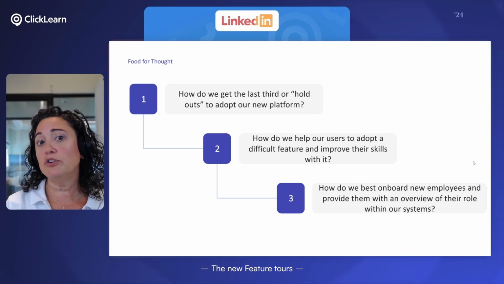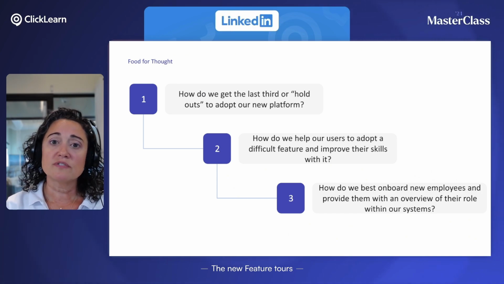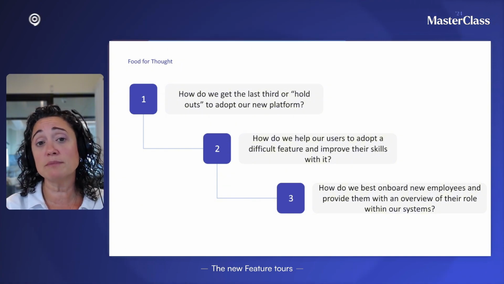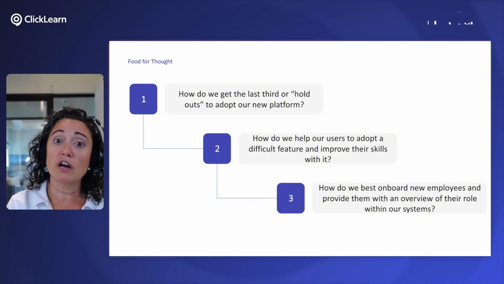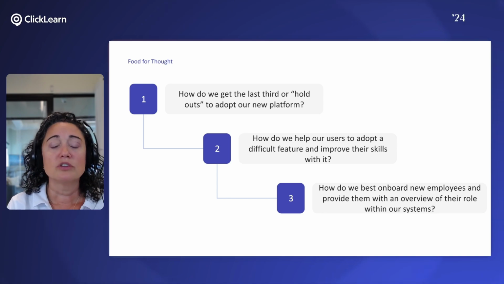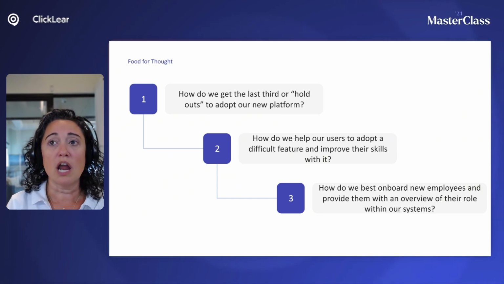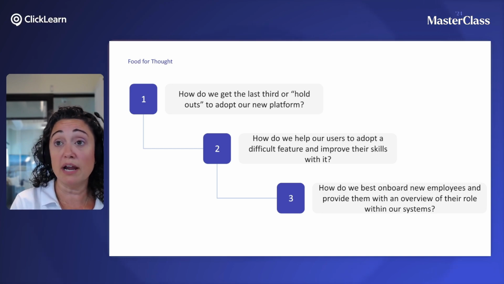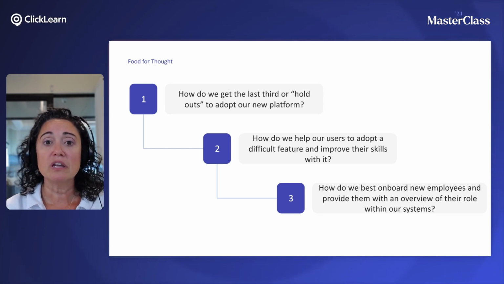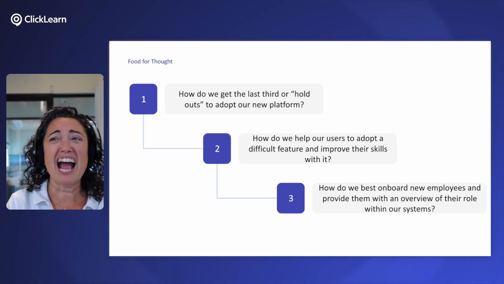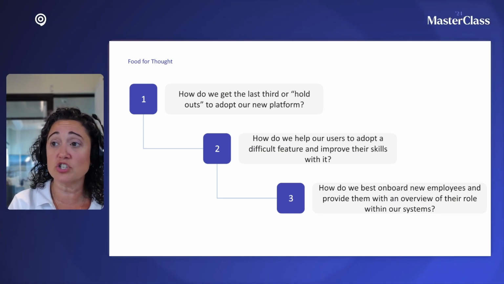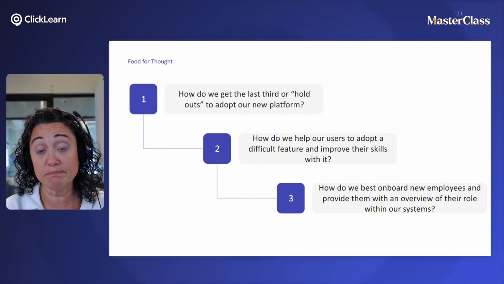We have a new feature that serves 3 main purposes, which can be sometimes difficult to overcome in digital adoption. So here are our questions. How do we get that last third, those holdouts, to adopt our new platform? How do we help our users adopt a difficult feature and improve their skills with it?